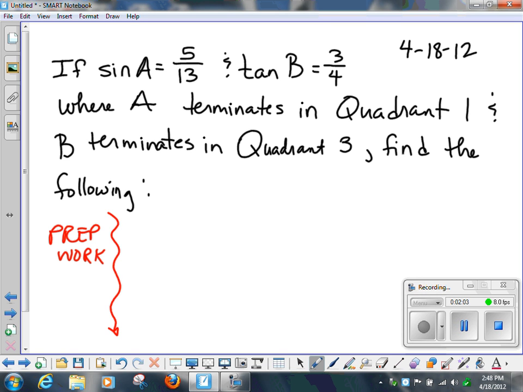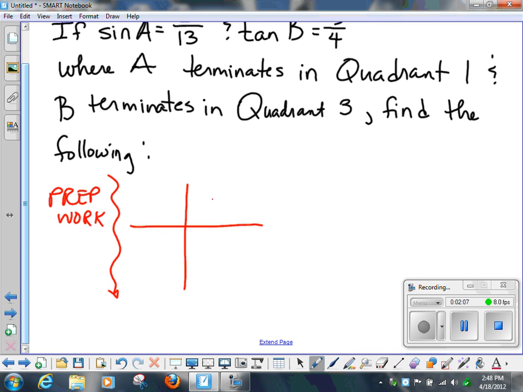We're going to have to use, have you seen this before? What is that? All-star trig class. Now, I've got to put one triangle in quadrant 1.